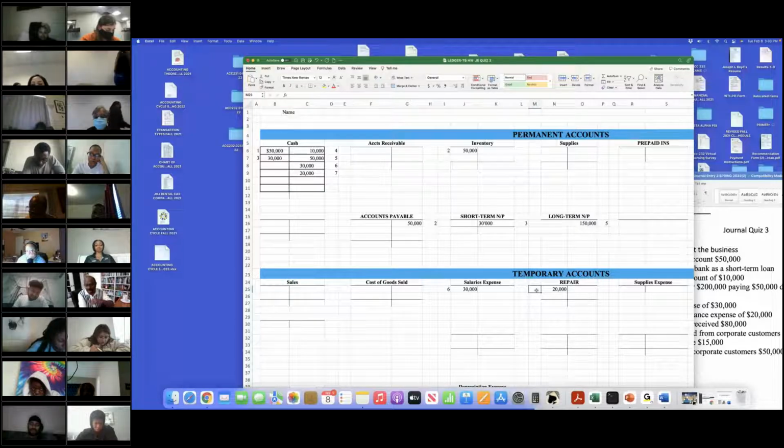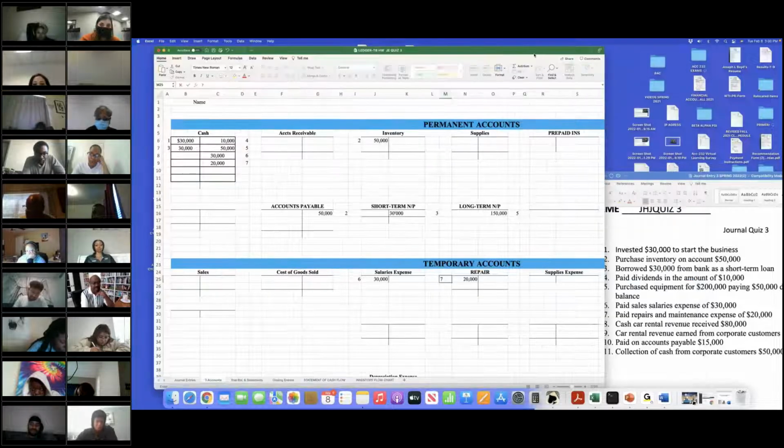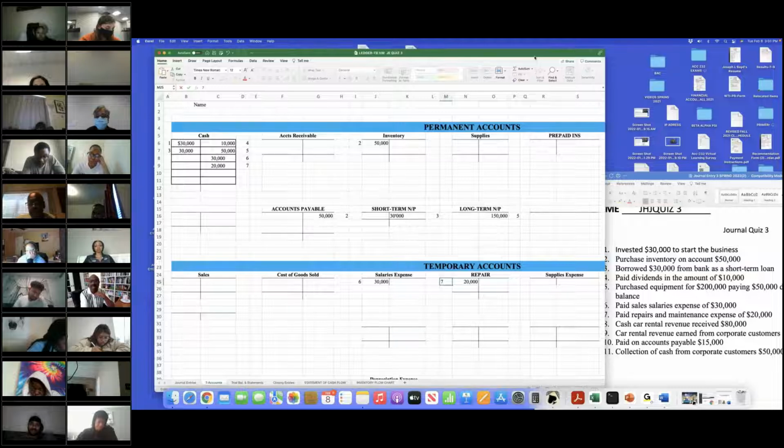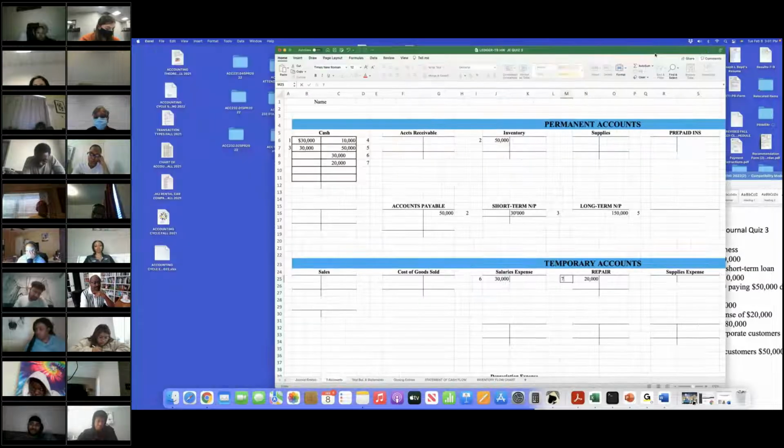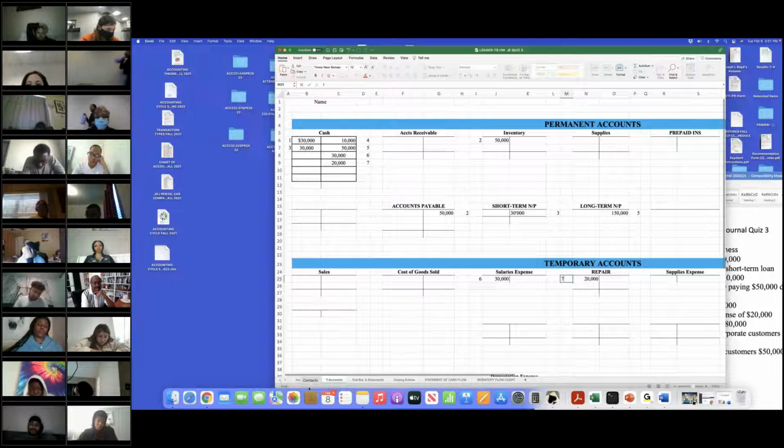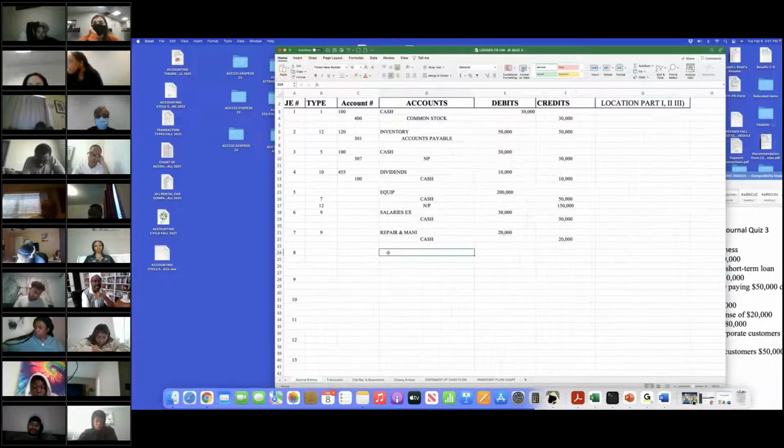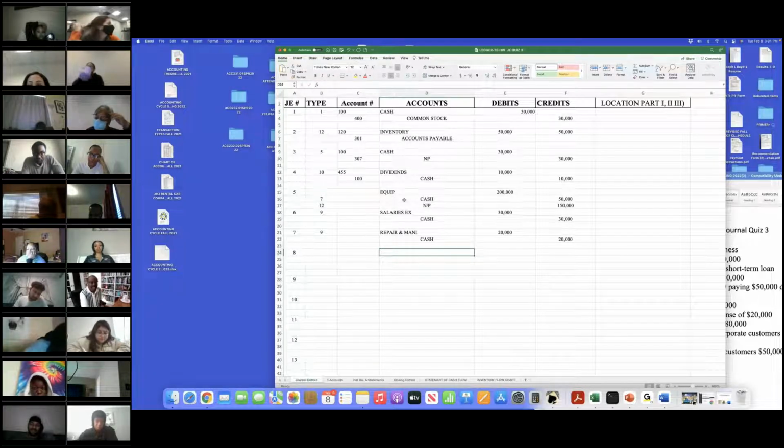Then cash car loan revenue received 80,000. So this is number 8. Debit cash. Credit sales.